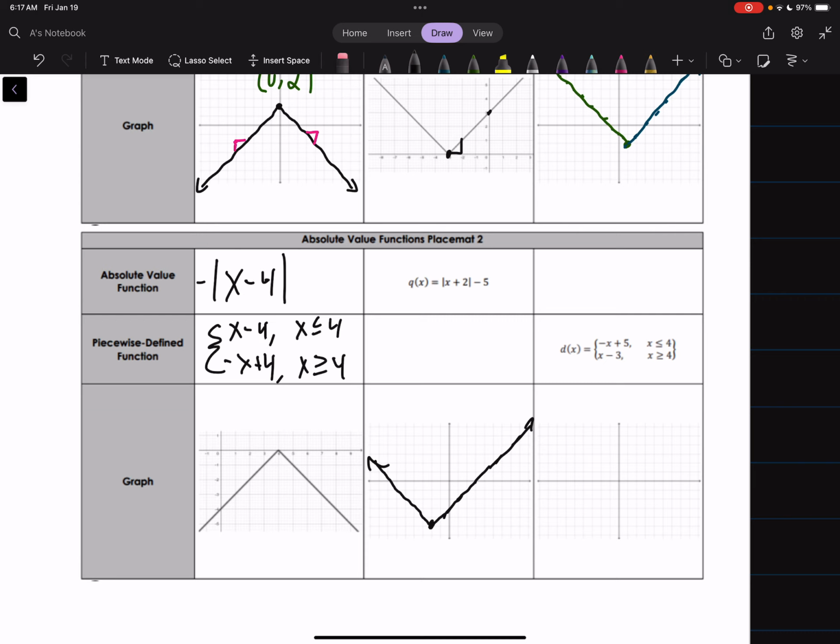Okay, piecewise. The left side of the graph is a negative slope, so negative x. It would cross the x-axis at negative 1, 2, 3, 4, 5, 6, 7 units. 7 units.